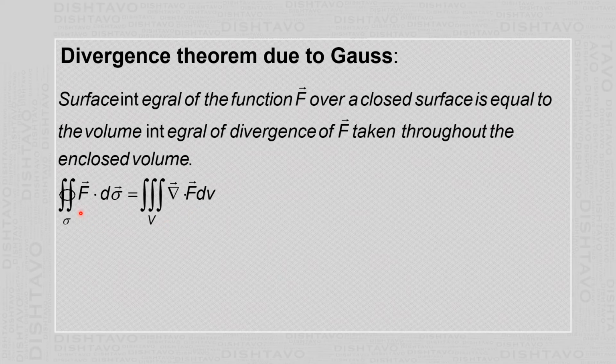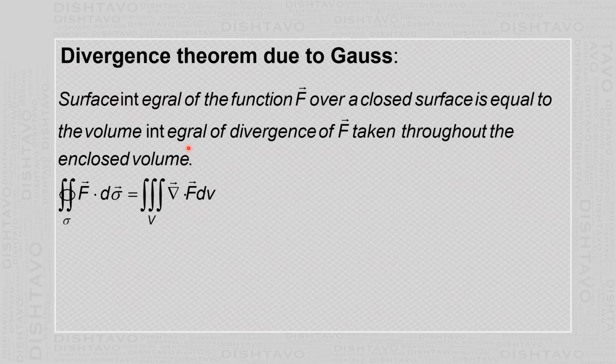So the surface integral of the function is equal to the volume integral of the divergence of the function. This theorem is used in many derivations in electrostatics and magnetostatics, so you should be familiar with this equation. Remember that, in short, the surface integral of the function is equal to the volume integral of the divergence of the function.